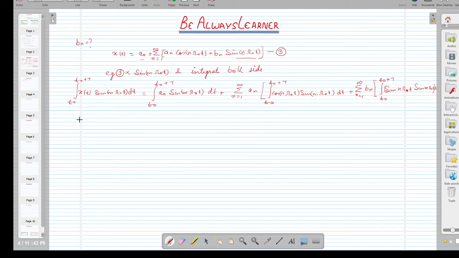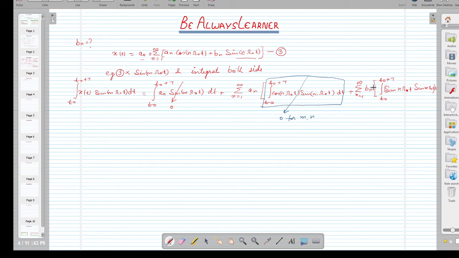Further, again this first term is going to be 0, and this term cos into sine is also 0 for all values of m and n.